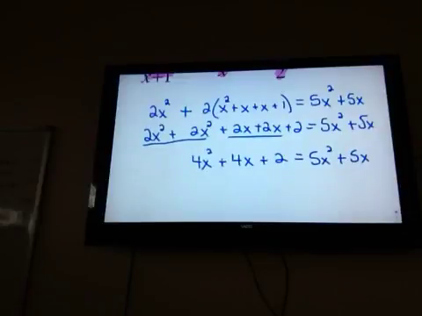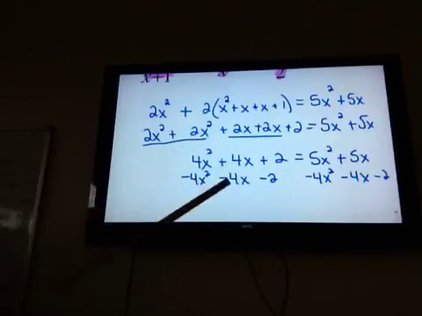To get it equal to 0, I'm going to bring it all to one side. And I'm going to bring it to the right side, because then my square will stay positive. I don't like to factor with a negative square because my shortcut doesn't work. It's a mess. So I'm going to subtract everything on the left, because it's all plus. And you don't have to show me all this subtraction stuff.